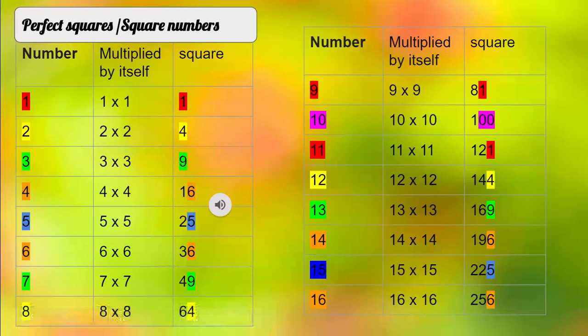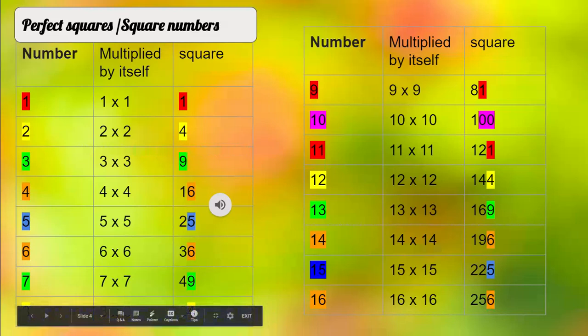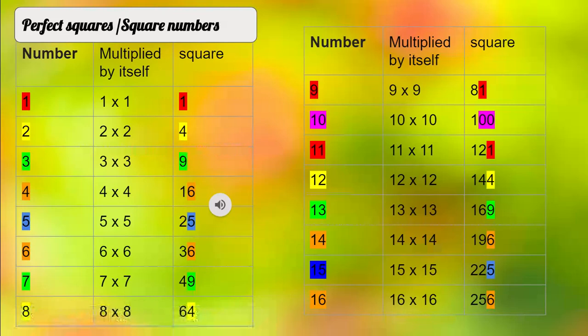Between 9 and 16, there are six non-perfect squares, and so on. So as the value of the perfect squares increases, the number of non-perfect squares between them also increases. Now, do you think that a fixed number of non-perfect squares exist between two consecutive perfect squares? Two consecutive perfect squares could be 1 and 4, 4 and 9, 9 and 16. So how many non-perfect squares exist between them?